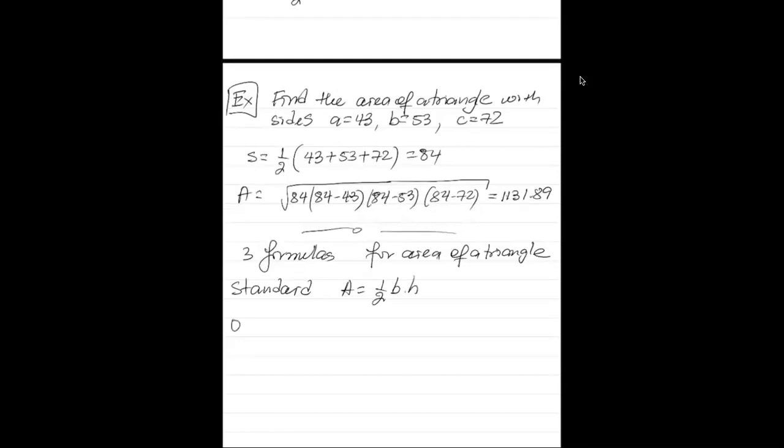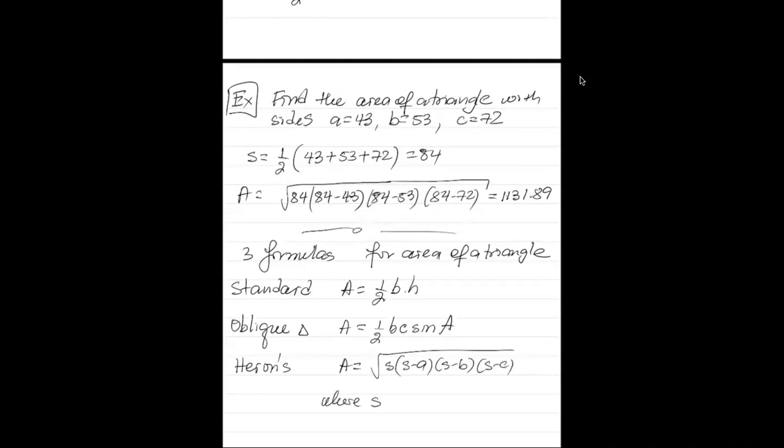We have the oblique triangle formula that we learned last time in 3.1 after the law of sines, 1/2 B times C sine of angle A, and there are 2 others you can write down. And we have Heron's formula, which is the square root of S, S minus A, S minus B, S minus C, where S is the semi-perimeter.